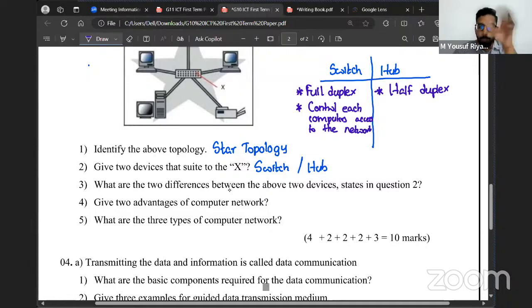So if there are five computers, you can control, okay, which computer should have access to the network and which computer should not have access to the network. But in a hub, all computers connected will have access to the network.